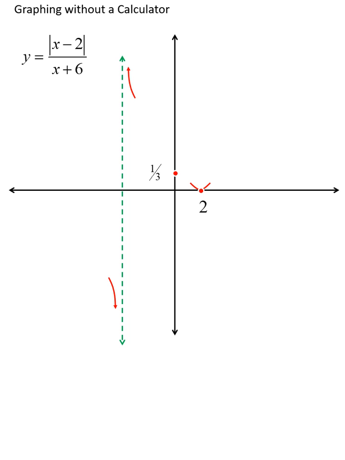The fourth thing that I like to do when analyzing a graph is to look at its so-called end behavior. Let's start with the left end of the graph. We'll get to the right end in just a moment. I like to know when x becomes a very large negative number, if you will, like negative 1,000 or negative 1 million.